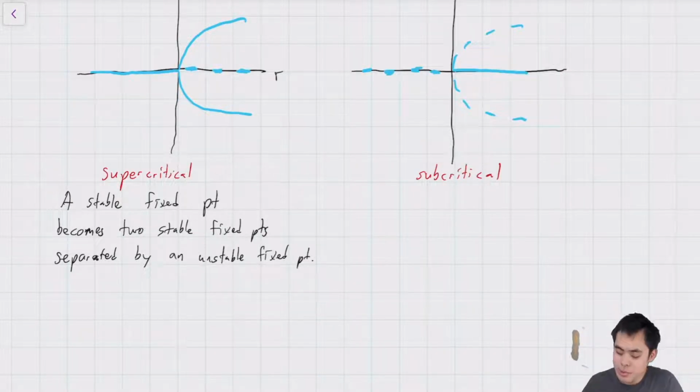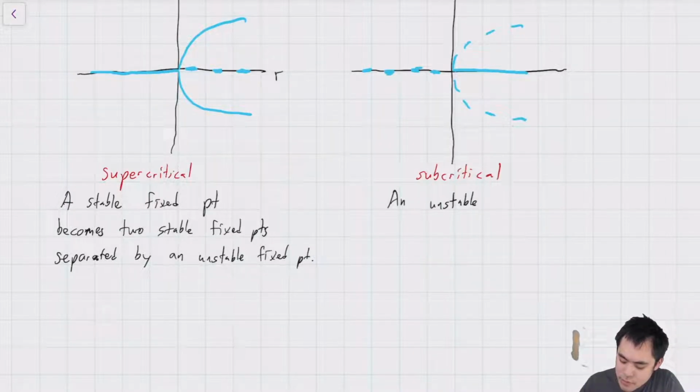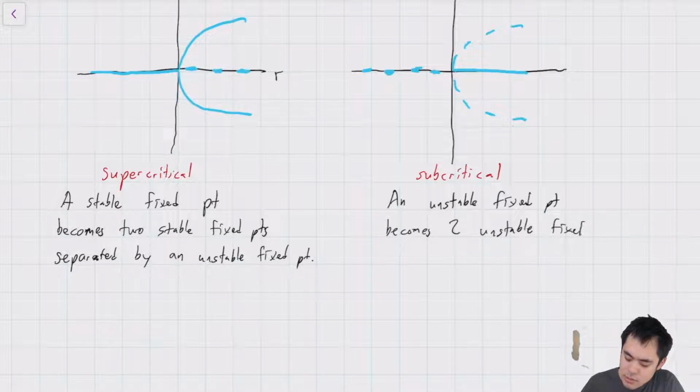And the subcritical one is obviously just the opposite. So an unstable fixed point becomes two unstable fixed points, separated by a stable fixed point.